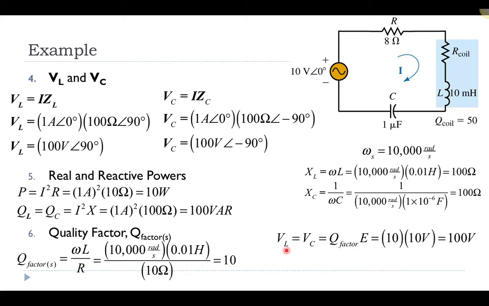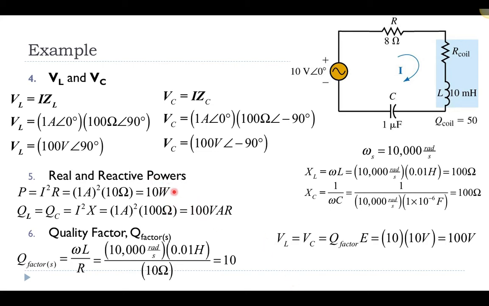So the voltage across the inductor and the capacitor should be just the quality factor times the maximum voltage of the source. So the quality factor was 10, the voltage of the source was 10, and I got 100 volts. And that matches what I got for the voltage across the capacitor and the inductor. So that quality factor is really telling us quite a lot about the circuit. It's telling us how those voltages across those reactive components at resonance compare to the source.